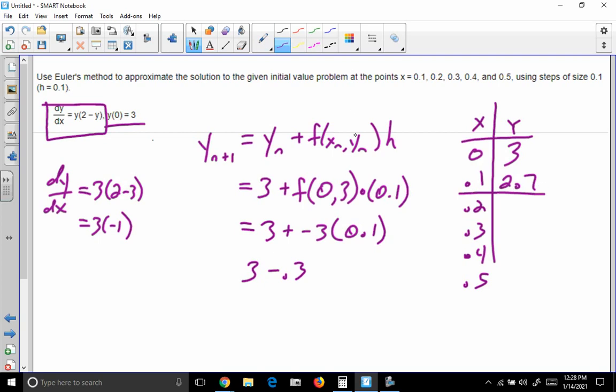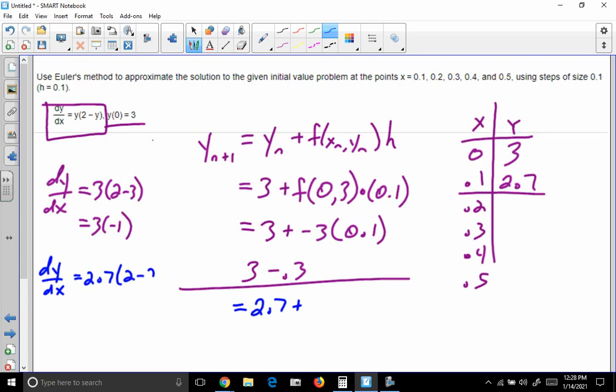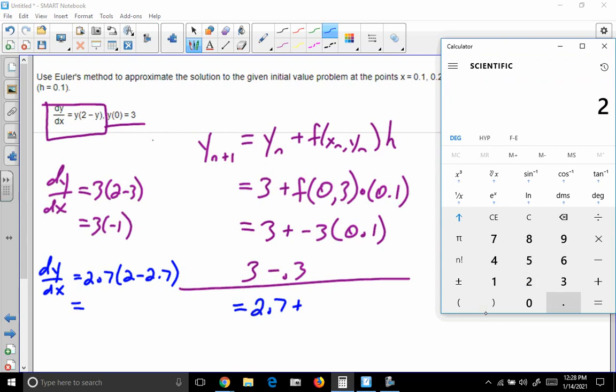And then we're just going to repeat this. If we're starting at a y value of 2.7, when we're at this point where y is 2.7 and x is 0.1, our slope is our y value times 2 minus that y value. So that gives us a slope of 2.7 times 2 minus 2.7, so negative 0.7.